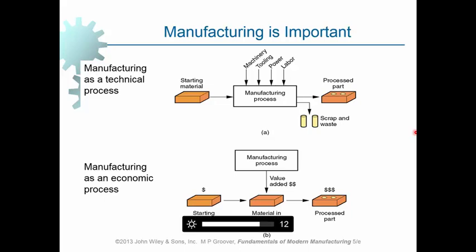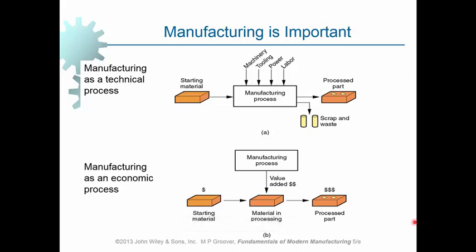We can also look at manufacturing as an economic process rather than a technical process. If we take a look at the one in B, this is a representation of manufacturing from an economic point of view. That is, we receive the initial raw material, we subject it to manufacturing processes in order to add value to the raw material, and eventually what is produced is the final product, and the price or the value of the final product will be greater than the raw material.